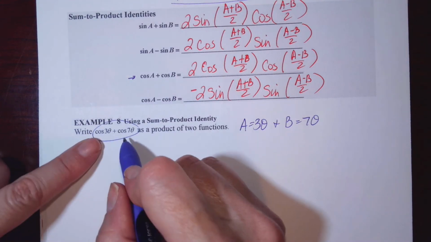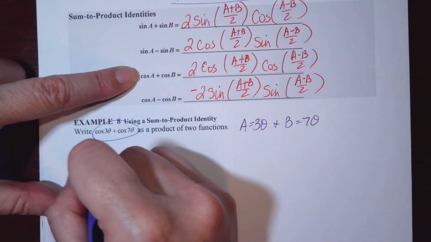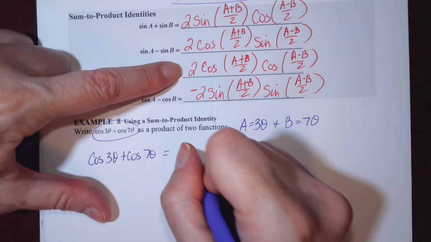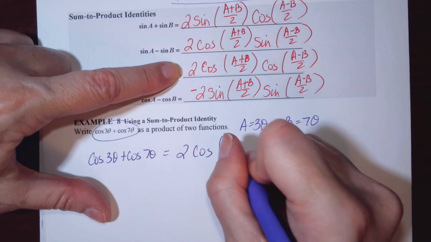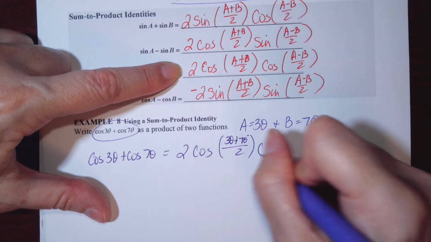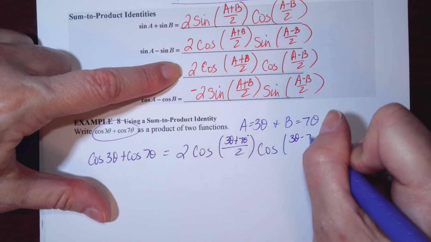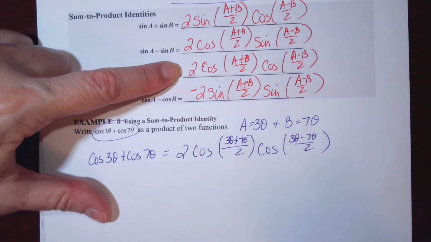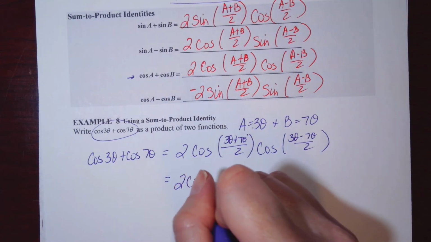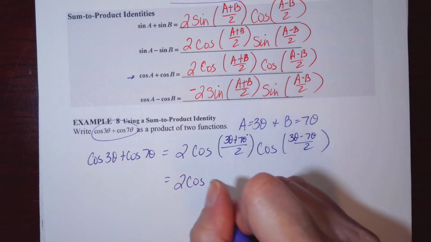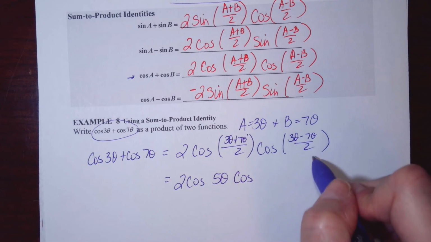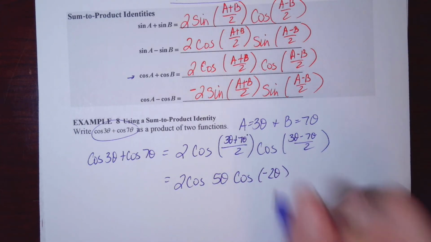Alright, so given this is my left side, cosine 3 theta plus cosine 7 theta, that's going to be equal to 2 times the cosine of, and I add, divided by 2, times the cosine of the difference in the correct order, divided by 2. So let's simplify. We've got 2 cosine 10 theta divided by 2 is 5 theta. Cosine negative 4 theta divided by 2 is negative 2 theta.